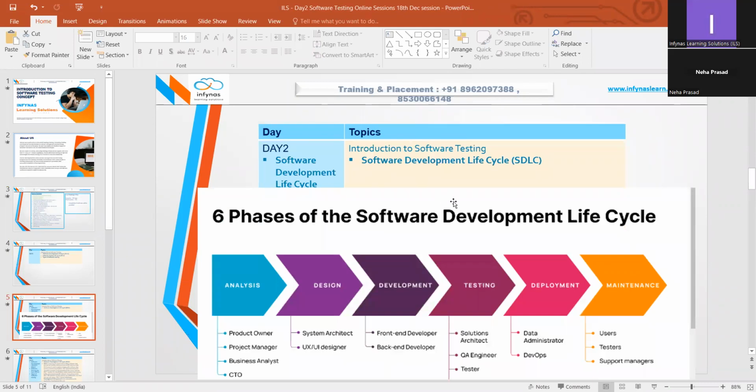So SDLC is a very important phase in the IT industry. SDLC is the software development life cycle, wherein you think about building a software until the time that software is working fine, and it continues to work fine. That is called a development life cycle.